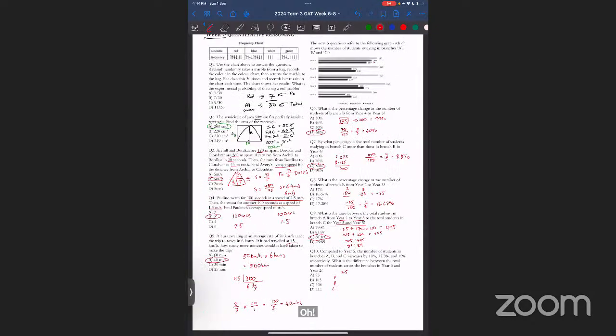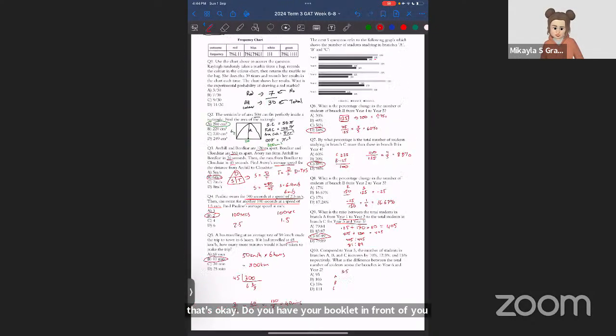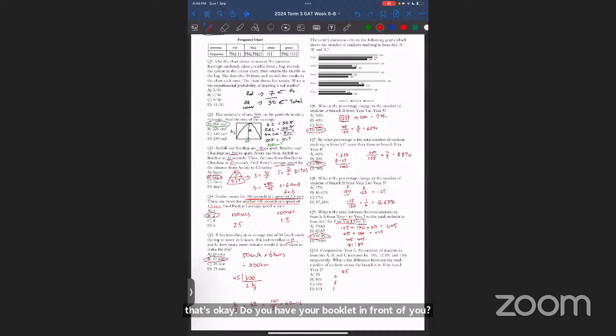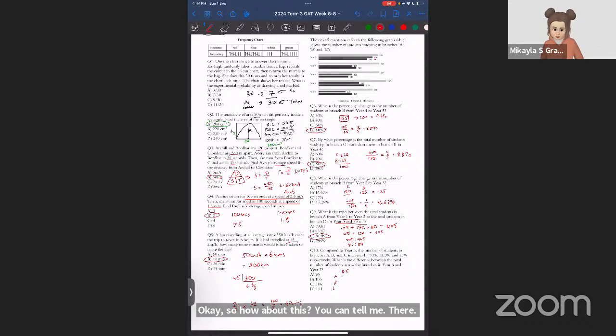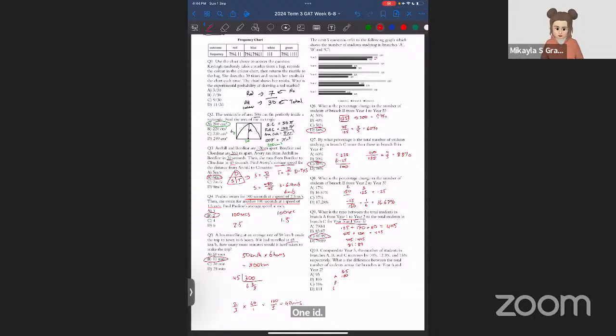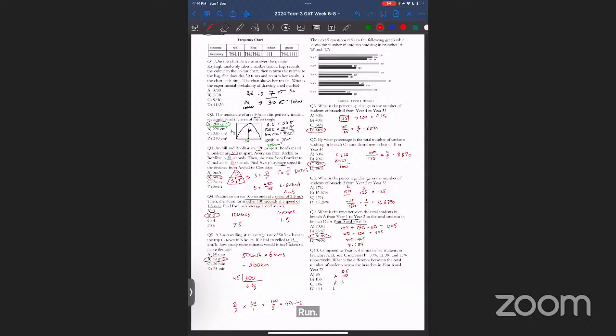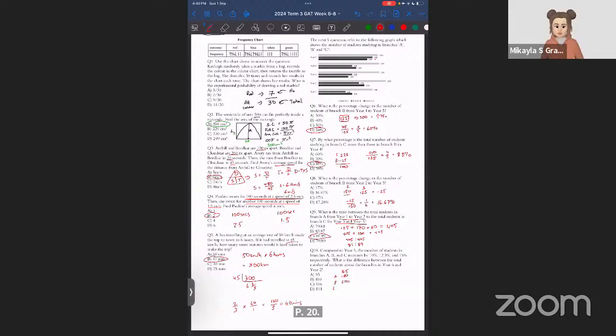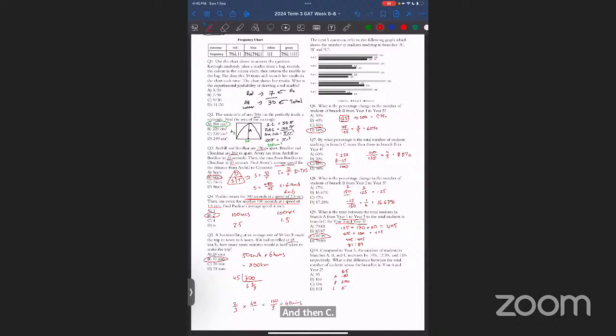Oh, okay. So how about this? You can tell me there. Branch A numbers in year 5 would be 180. Branch B would be 200. And then C, 220. Good girl.